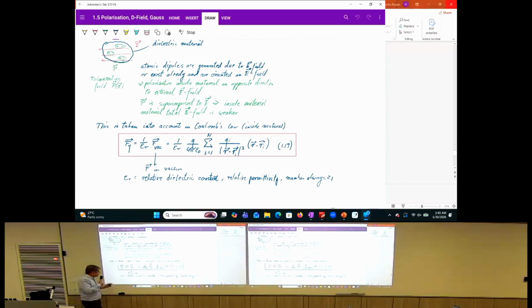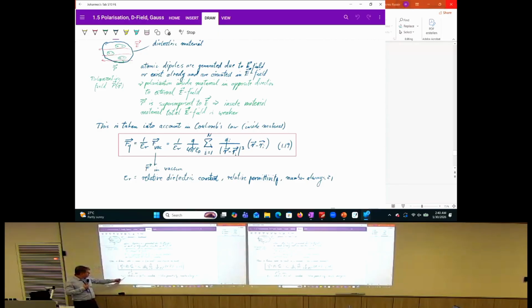your constant changes, and you take account of that by bringing here, instead of just an epsilon naught, that is a constant that is applicable if you are in vacuum, another factor, which is an epsilon r, which is a relative permittivity.